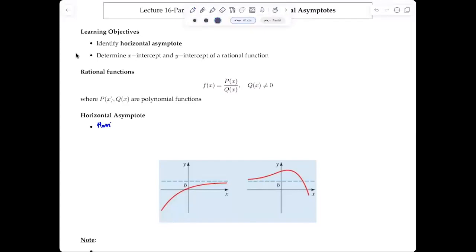So horizontal asymptote describes the end behavior of rational functions.